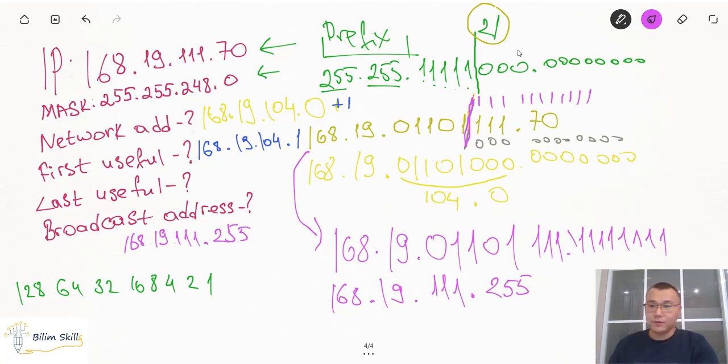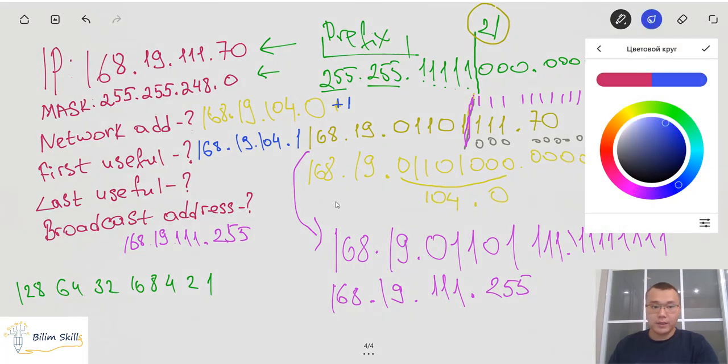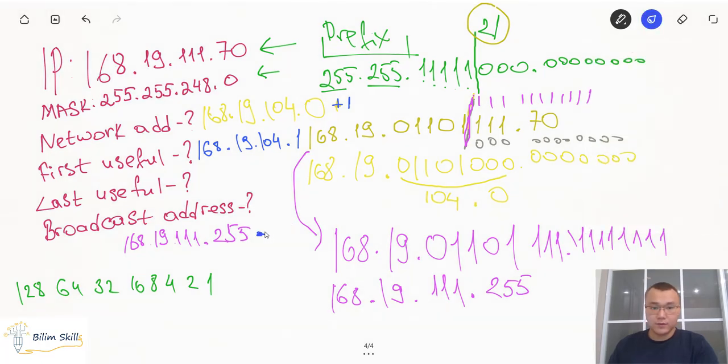And for the last useful address, you subtract 1 from the broadcast address. The addresses from the first useful to the last useful can be used by the hosts.